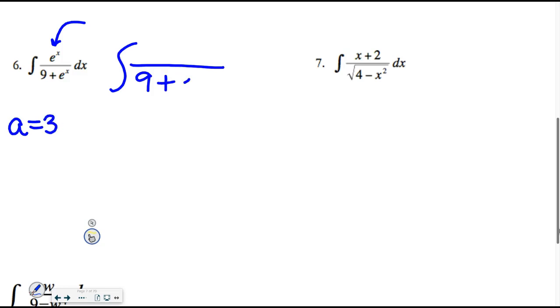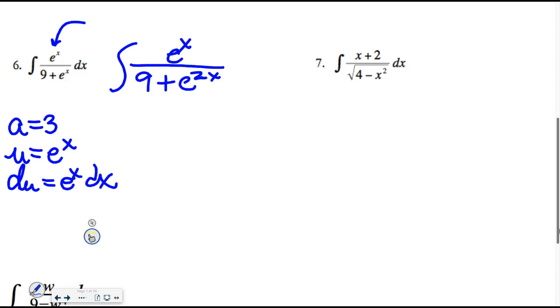I am going to mess with this, and they'll square it usually. And e to the x squared is e to the 2x. So a lot of times I'll see that down there so that my u can be e to the x. Now, if I let my u be e to the x, my du is e to the x dx. So I don't even need to mess with the top.